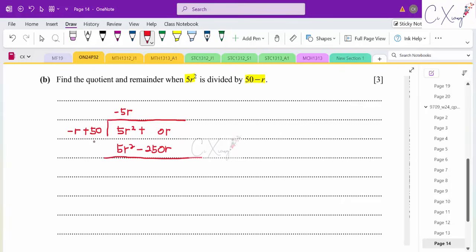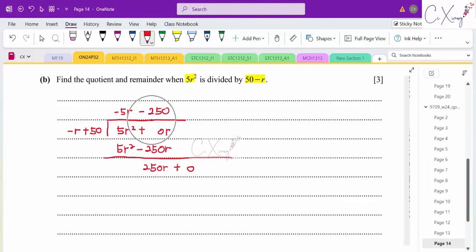So try to continue the long division. 0 minus negative 250r, you should get positive 250r, plus 0. Then now you ask yourself again, something multiply with negative r to get 250r. So the something here should be negative 250.